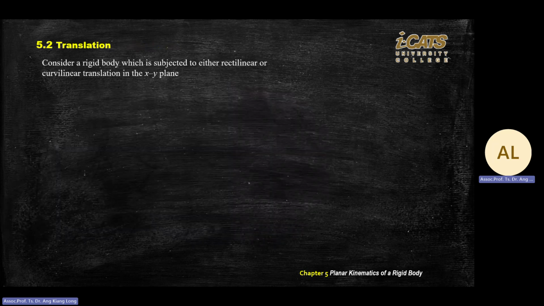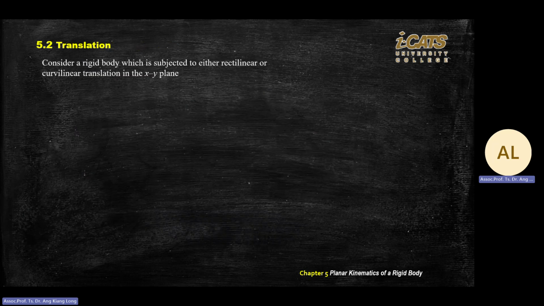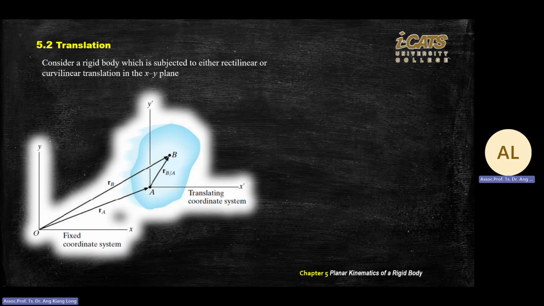Okay, now we look into translation first. There is an analysis step for translation. So you start to have two axes here. Before chapter 5, you only see one axis. When you go into rigid body, you will start to see more than one axis.